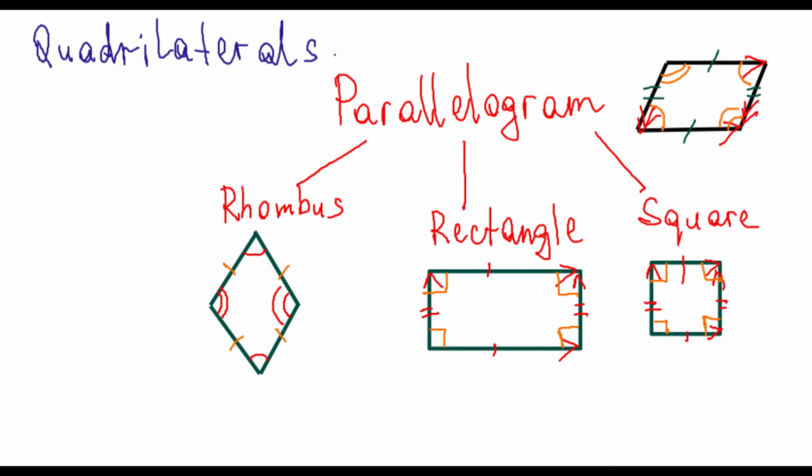And of course, as all sons, they have some special properties different than their father. But in trapezium, in parallelogram, and in kite, you cannot find common properties rather than they have 4 sides and 4 angles.